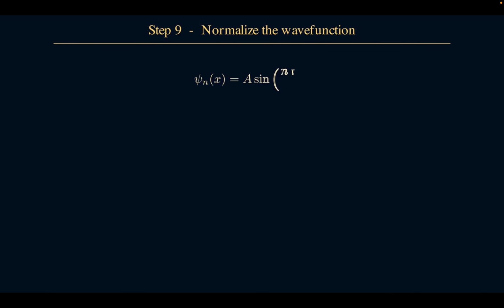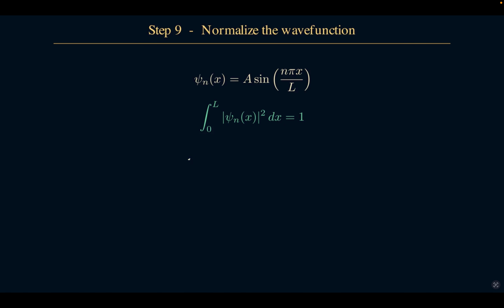Now we have to normalize our wave function. So we can normalize it by squaring the wave function and integrating with respect to x from 0 to L, which is equal to 1, to find the constant A here.